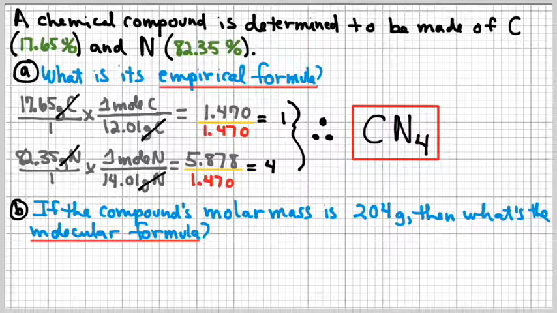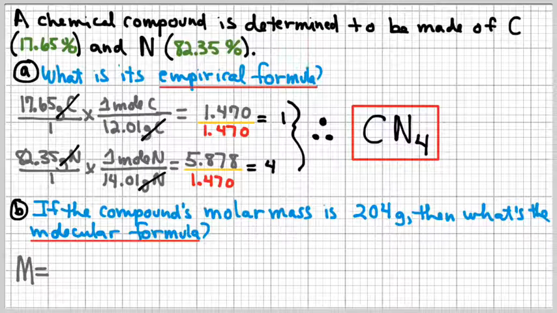So to go from the empirical to the molecular, I know the molecular has to be a whole number multiple of the empirical. Again, think of the empirical as sort of the reduced form of the molecular. So I'm going to need to find what is that multiple that exists between molecular and empirical.